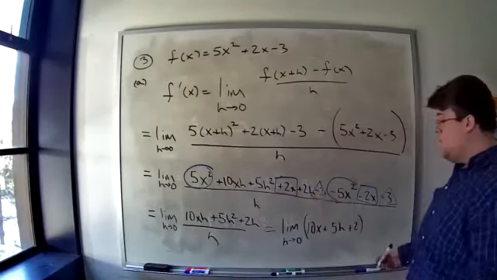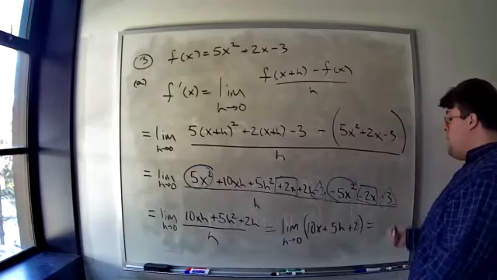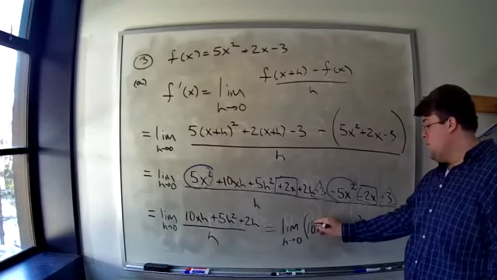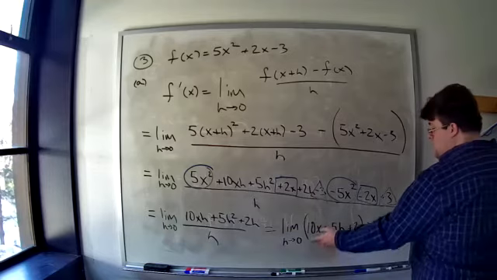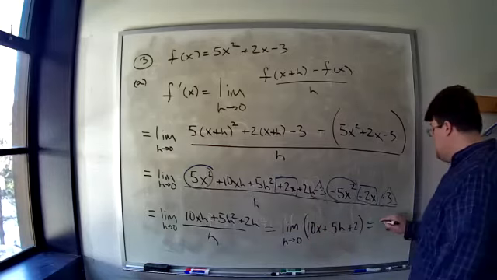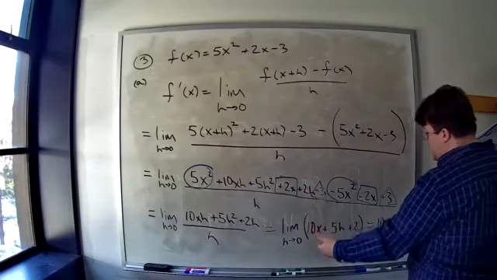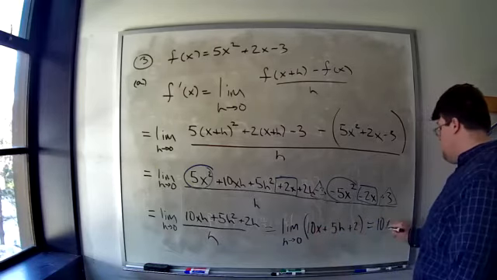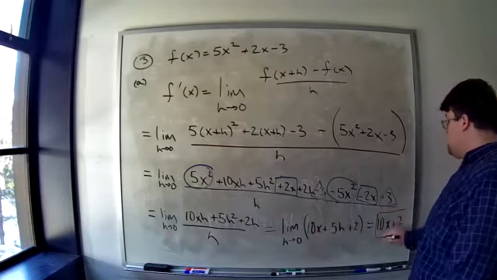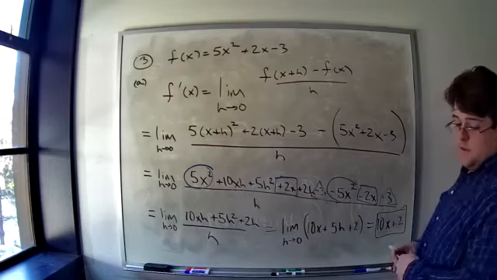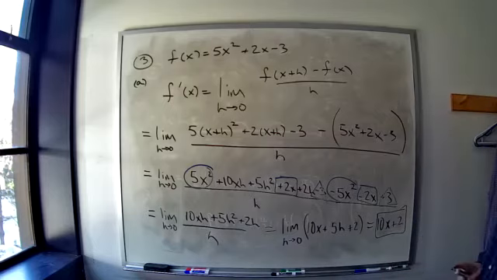Cancel an h from the bottom, you divide by 1, which we won't write. And now we can let h equal 0. Letting h equal 0 gives you 10x plus 0 plus 2. So you get 10x plus 2, which is what part A told you you should get.